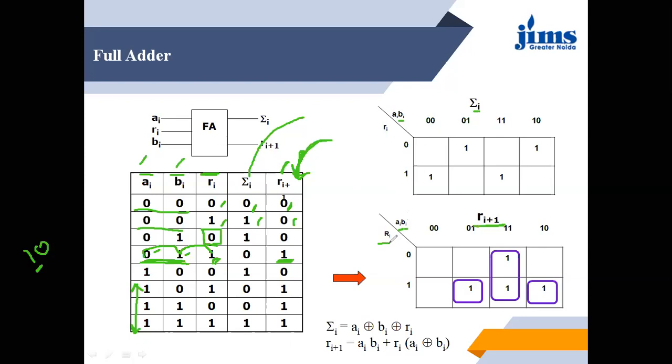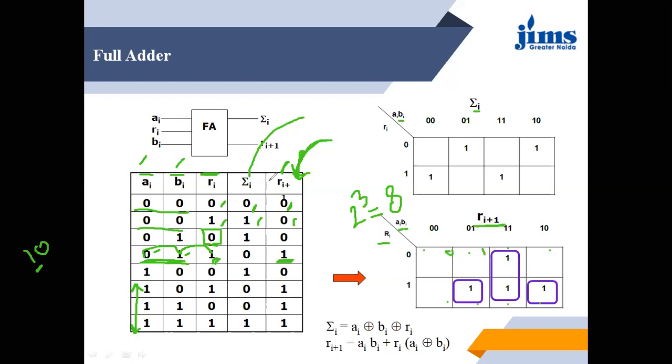So the total possible cells are 2 raised to the power 3, as we discussed. So 2 raised to the power 3 equals 8. So there are 8 cells, that is 1, 2, 3, 4, 5, 6, 7, and 8. And the values start from 0, 1 like this.